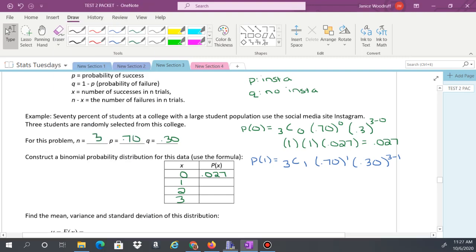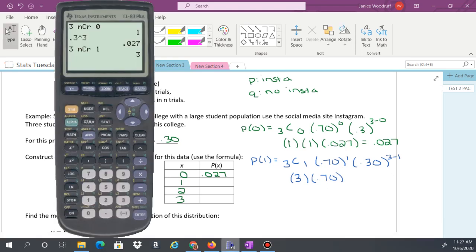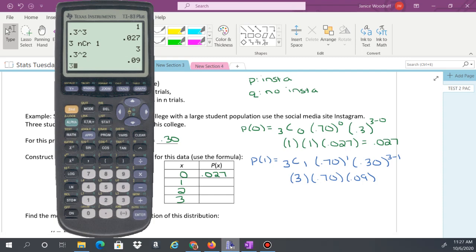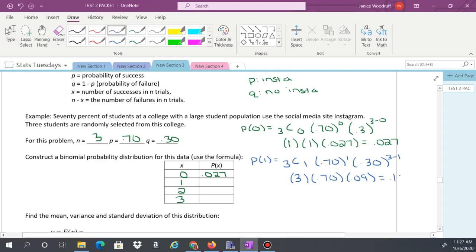So the first part here is 3. 0.7 to the first is 0.7. And then this is going to be 0.3 to the 3 minus 1, so that's 0.3 to the second power, so 0.09. Then you multiply 3 times 0.7 times 0.09. That's going to be 0.189. So the probability that exactly 1 student has an Instagram and 2 do not is 0.189.